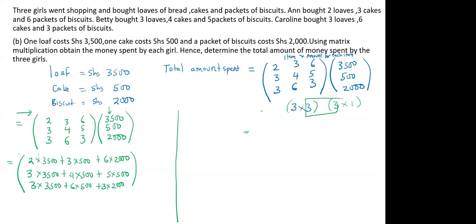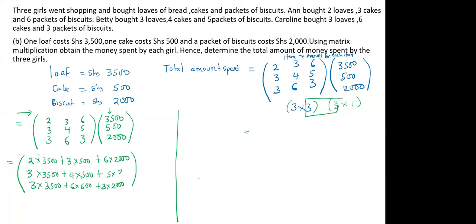It is 3 times 3,500 plus 4 times 500 plus 5 times 2,000, not 500. Yes, on that column of 2,000. Let me see. This times this. Oh, here. Okay, I've seen it. Thank you. So this was 2,000. Thank you, Marceline.